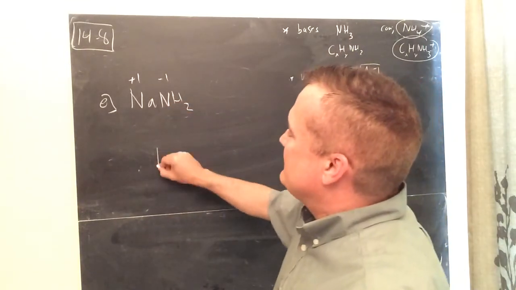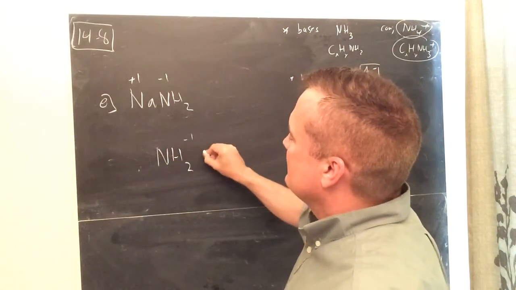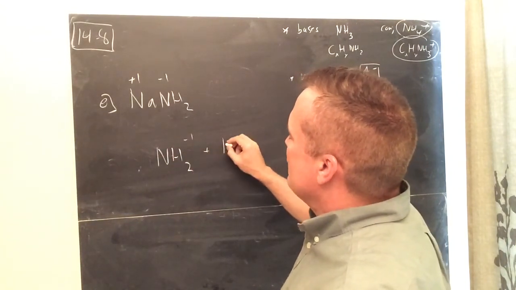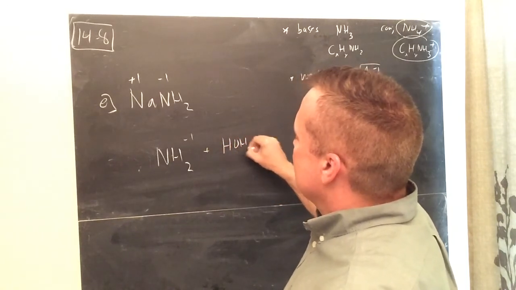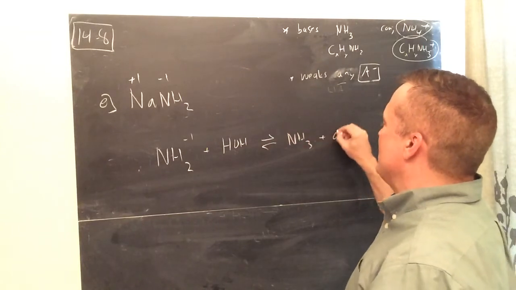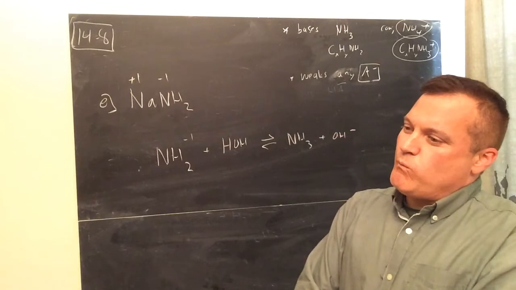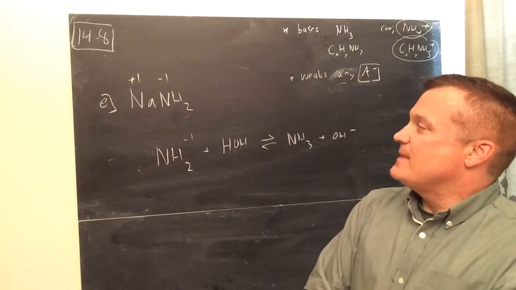So here's what's going to happen, though, but watch how it affects it. NH2 is going to be minus 1. So actually, if I take the H off, you get NH3 and OH negative. It actually is basic. So that's kind of a weird one.